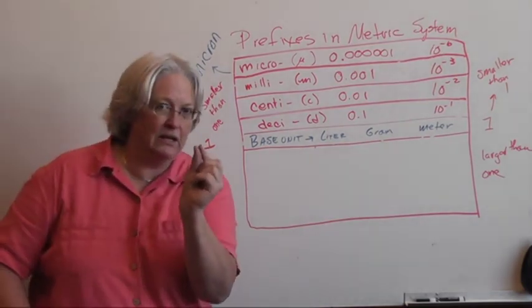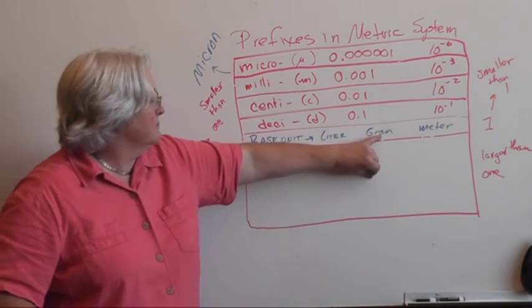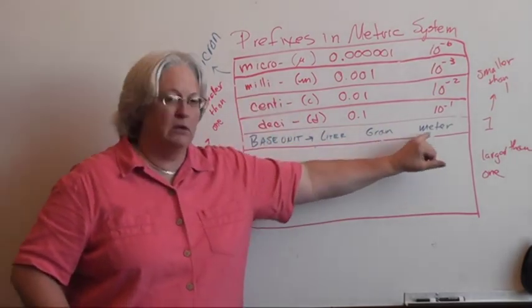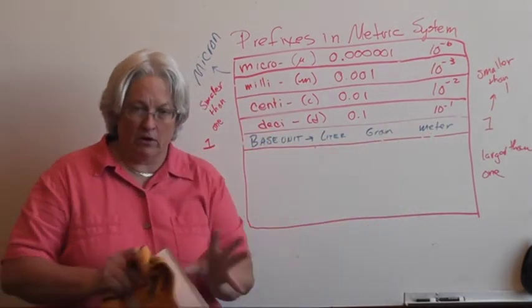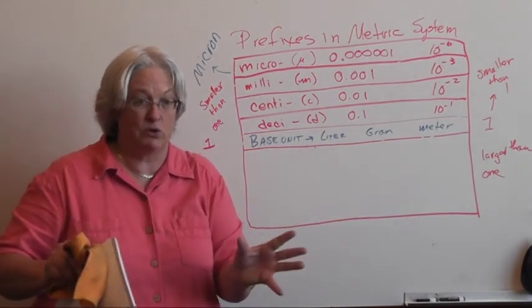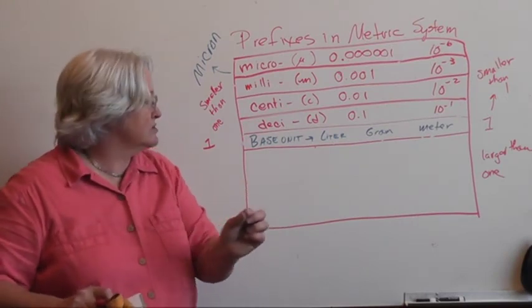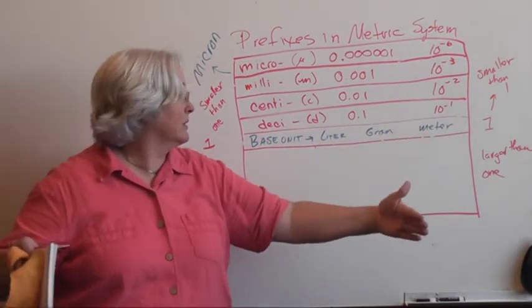It is one teeny tiny little bit. It is 1,000th of a gram, or 1,000th of a meter. And I'm sure that all of you have measured things in millimeters at some point, even if you've only measured it once or twice. It takes 1,000 of those little millimeters to make 1 meter.